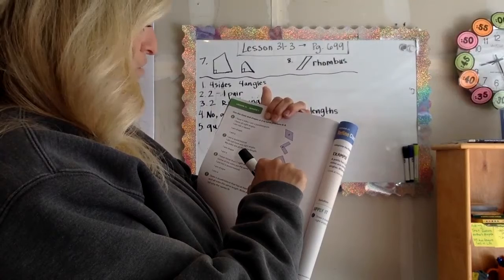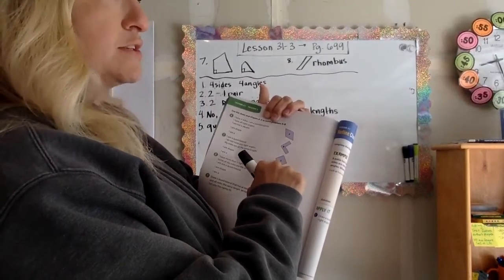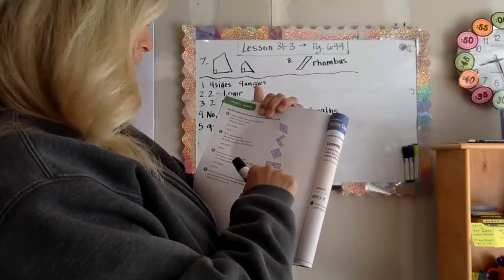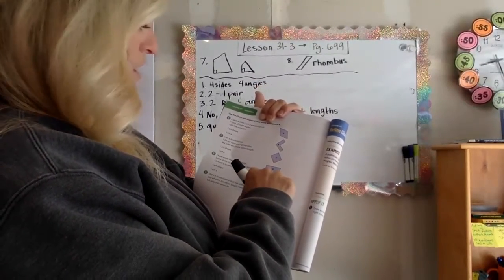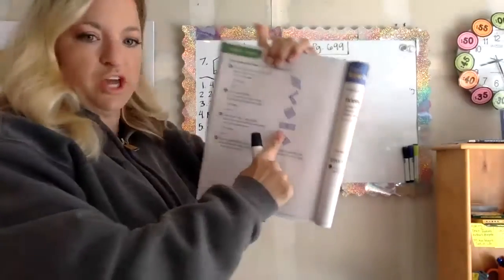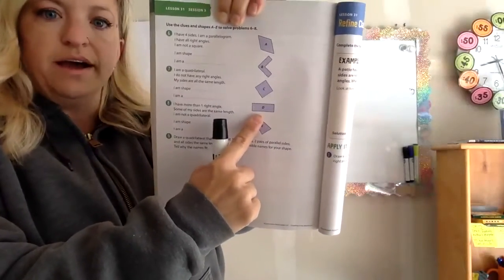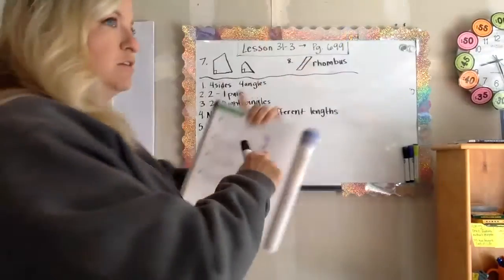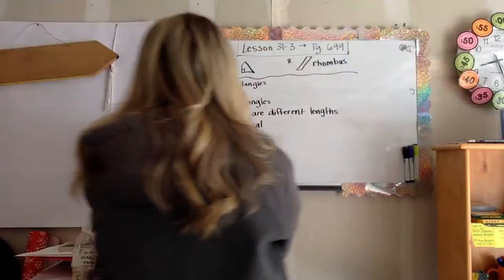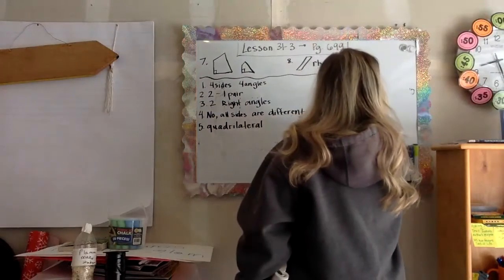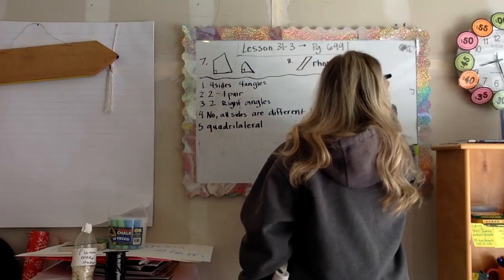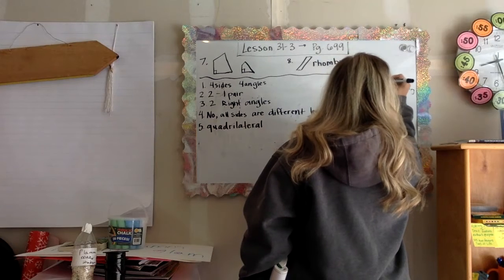All right angles. But it said I am not a square. And letter D. It is letter D. I am shape D. I am a rectangle. So for number 6, you're going to write D, rectangle.